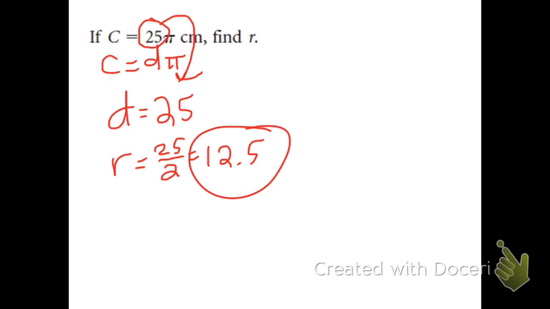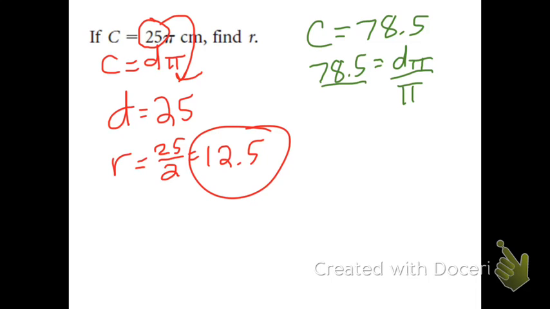Now let's say the circumference was given to us not in terms of pi. So it said circumference equaled 78.5, find the radius. Well then, what we would do is set circumference equal to the circumference formula, which is diameter times pi, and then solve for diameter. Once we know the diameter, we can cut that in half by dividing, because two radiuses fit in a diameter.